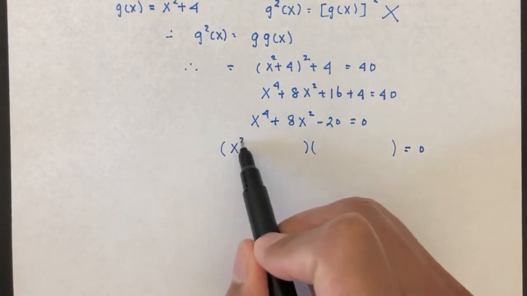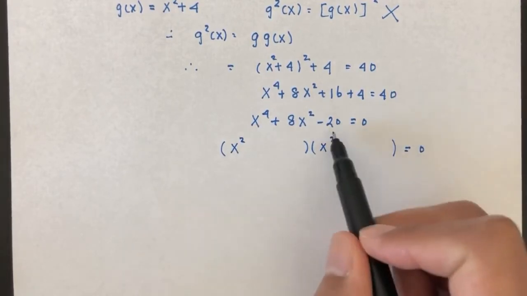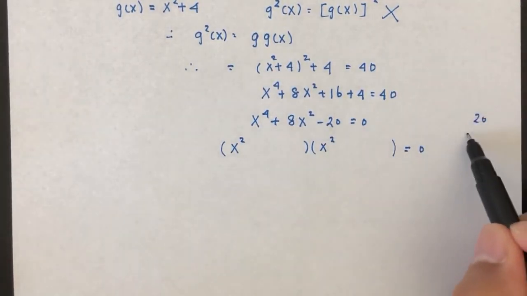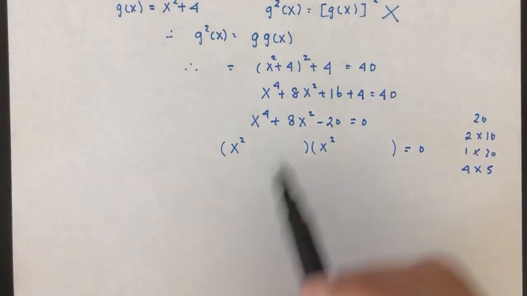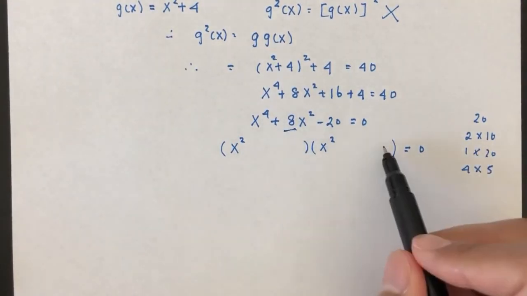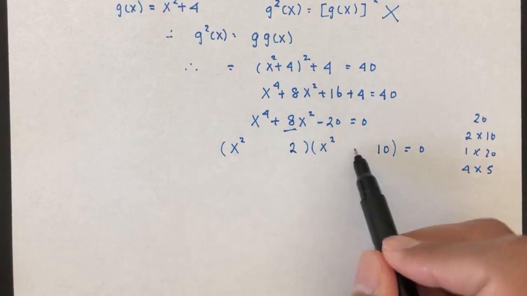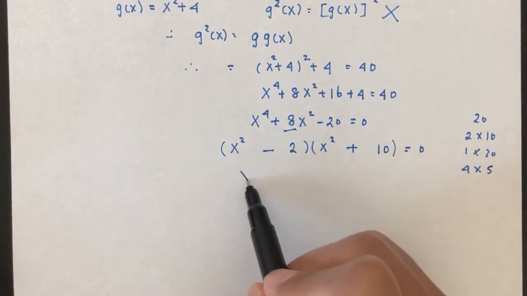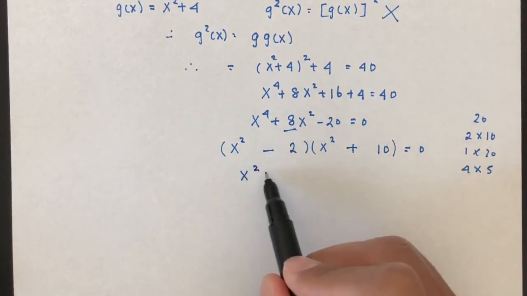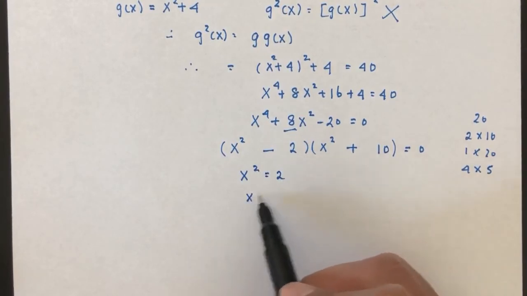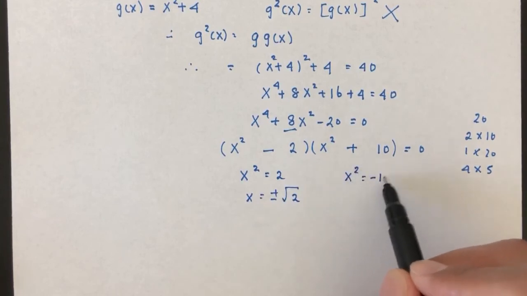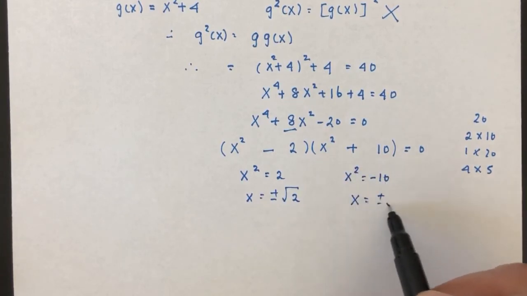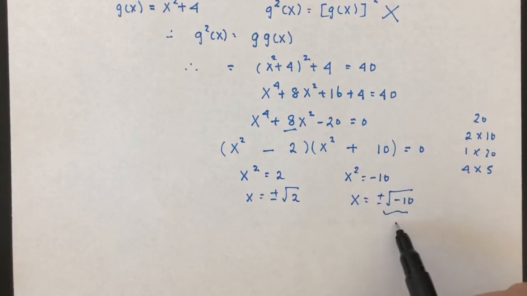That will be x squared times x squared, and then 20 is what? 20 we can have 2 times 10, 1 times 20, or 4 times 5. So for us to get plus 8, we have to use 10 and 2. So that'll be plus 10 and minus 2. So x squared is equal to 2, so x is plus or minus square root of 2. And this will be x squared equal to minus 10, so x equals plus or minus this. So these are imaginary roots.